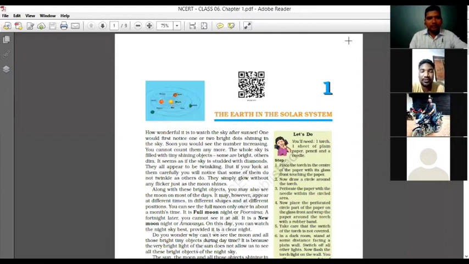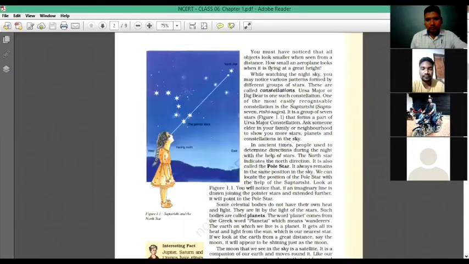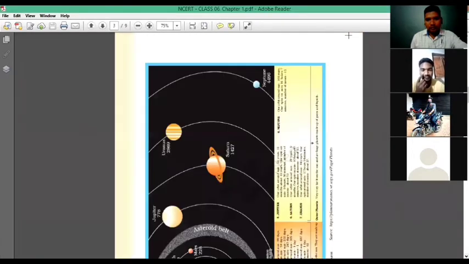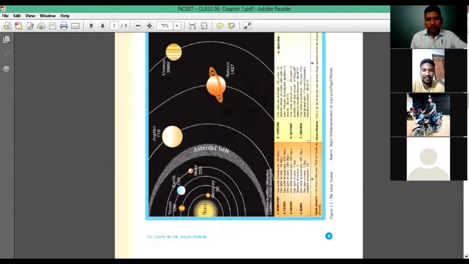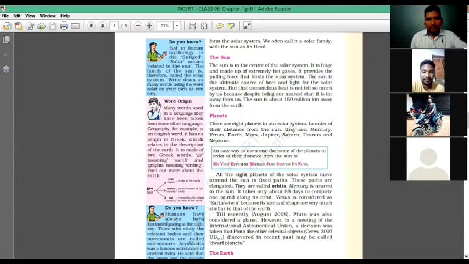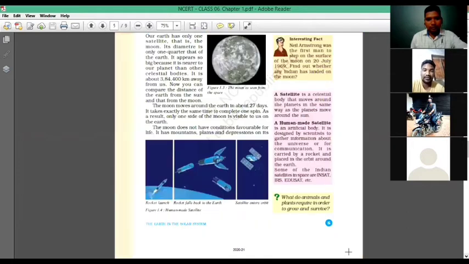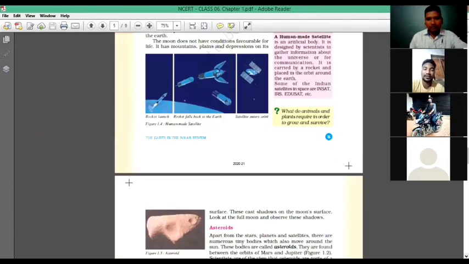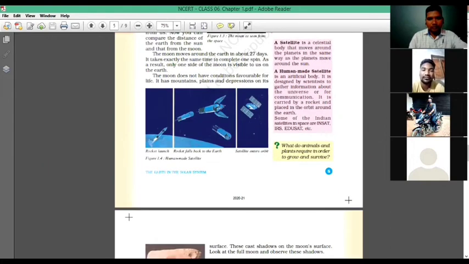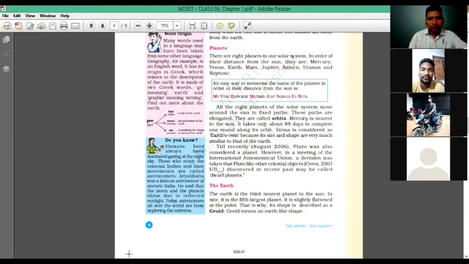Just come to that picture, the solar system. Okay, this one. At the end of the sentence, it is written asteroid, meteoroid, moon. We can identify that in the picture.